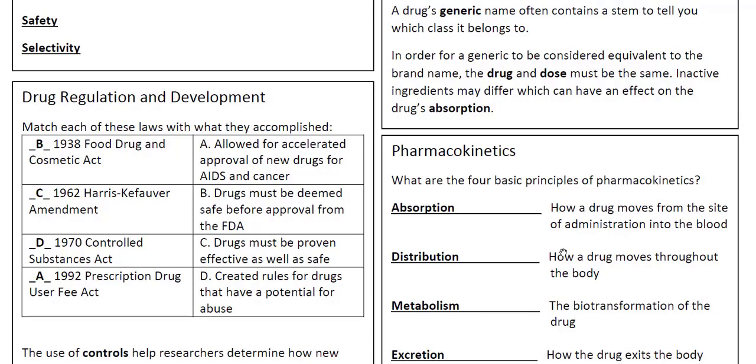And then in 1938, the Food, Drug, and Cosmetic Act regulated drugs based on their safety. Diethylene glycol, the ingredient in antifreeze, was used as a solubility agent in an antibiotic and more than 100 people died. So the FDA decided that drugs must be deemed safe before they would gain approval from the FDA.